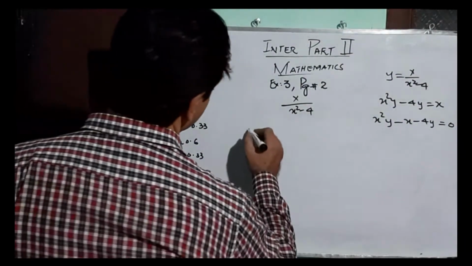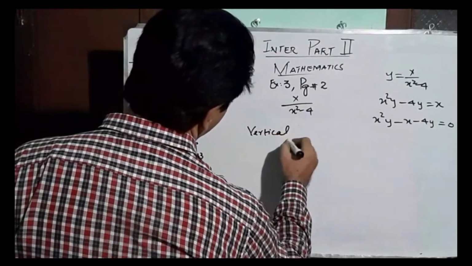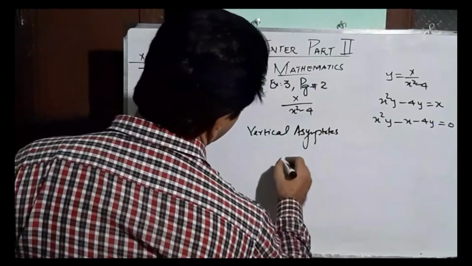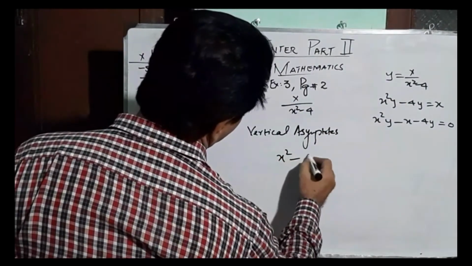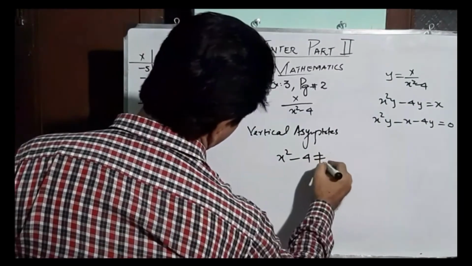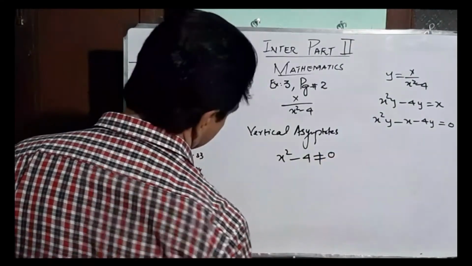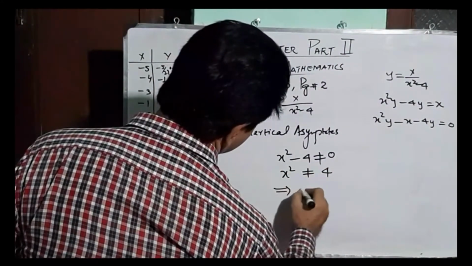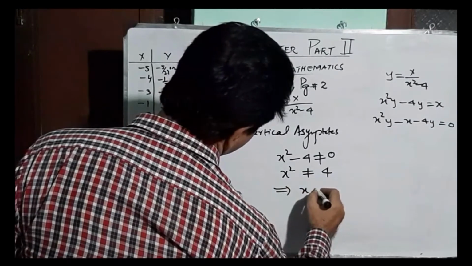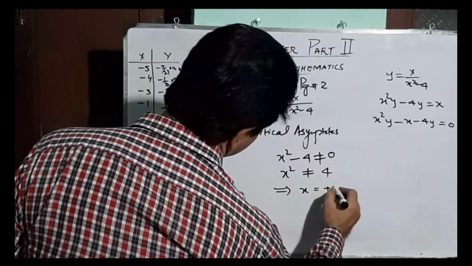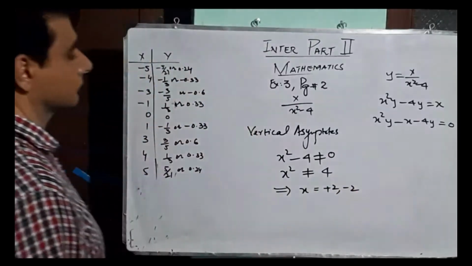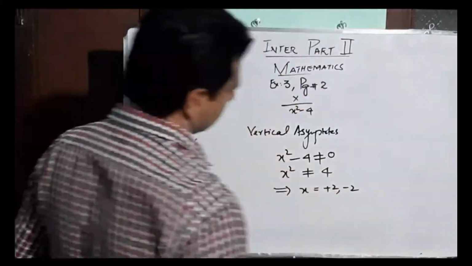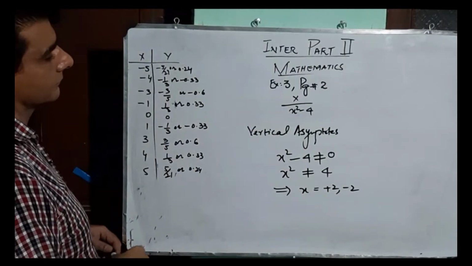For vertical asymptotes, we will find the restriction, denominator not equal to 0. x is equal to plus 2 or minus 2. These are the vertical asymptotes.